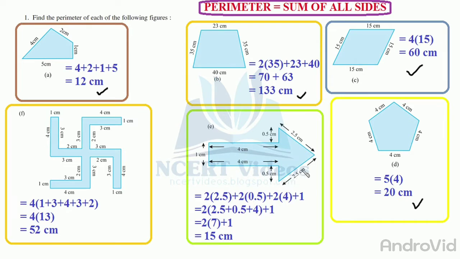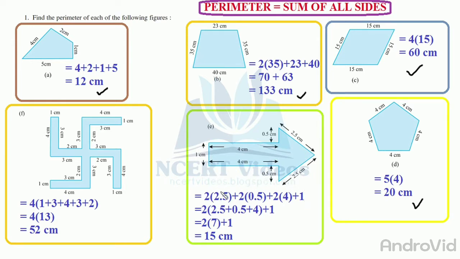Now here, when we observe its symmetry, it is an arrow. So 2.5 comes 2 times. Similarly, 0.5 comes 2 times. And now we see for 4. 4 comes 2 times, the length of this arrow, and 1 centimeter is left. So we will calculate all of these.